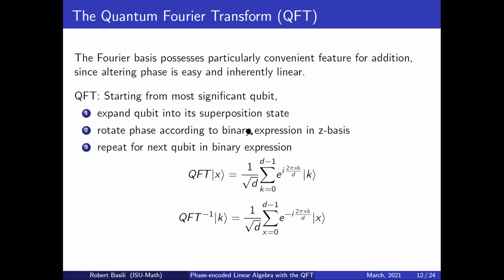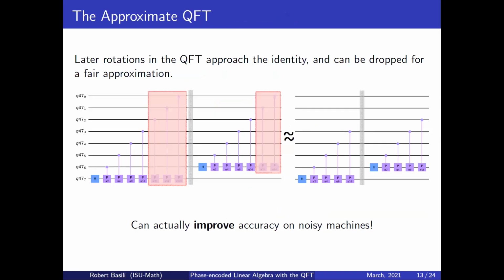The point is you rotate it according to the binary expression, using a controlled rotation gate, and you use the other qubits that are defining this number to apply that gate, and then you just go down this loop for each qubit, going down to the subsequent lowest qubits, and each one encodes a bit more of its rotation in. We'll see a picture of this.